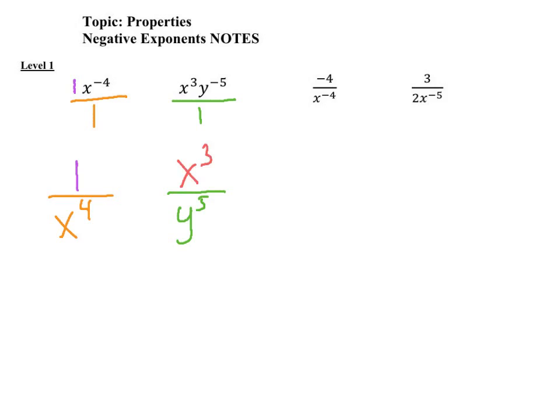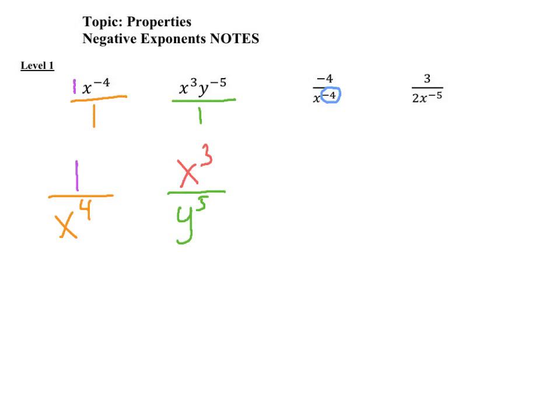For my third example, I have negative 4 divided by x to the negative fourth. This is already a fraction, so I'm going to leave it that way. The only thing I'm going to look at is this negative 4 here on the bottom, because it's the exponent. The negative 4 on top is not an exponent. I need to make that bottom negative 4 into a positive 4.